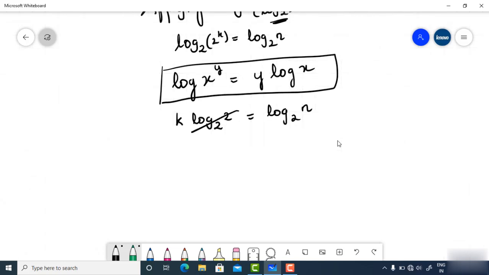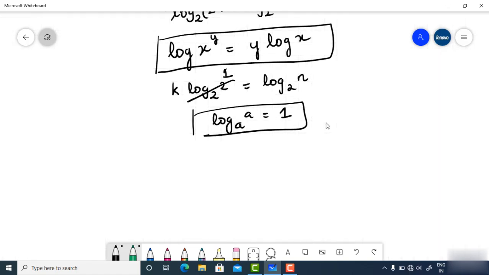And this will be 1, because when the base and the argument are the same, you can cancel that and it becomes 1. So log of the same base and number will always become 1. So applying that, what I will end up with is k equals log 2 of n, right?